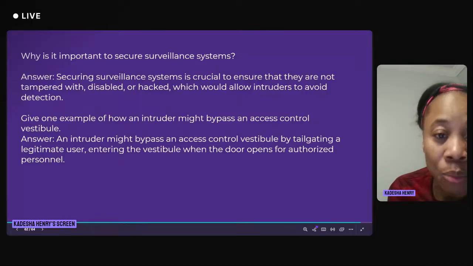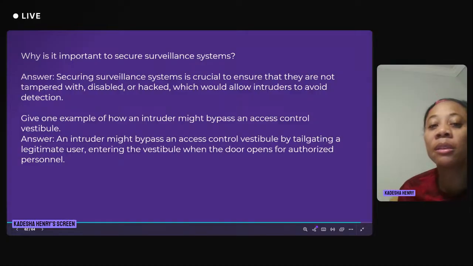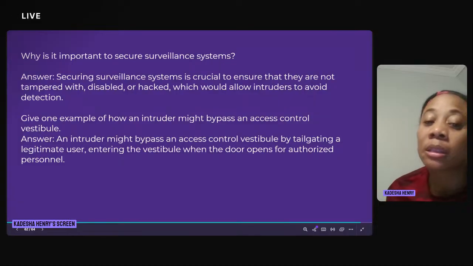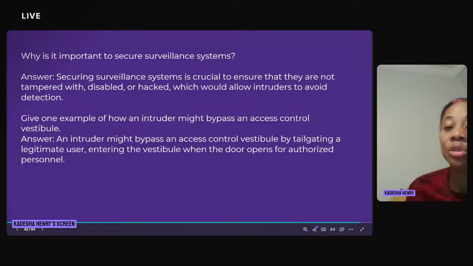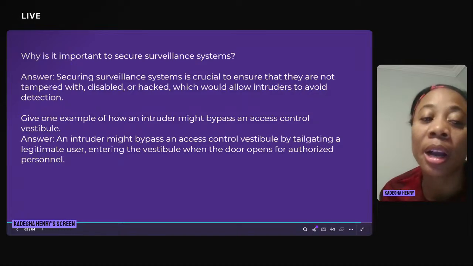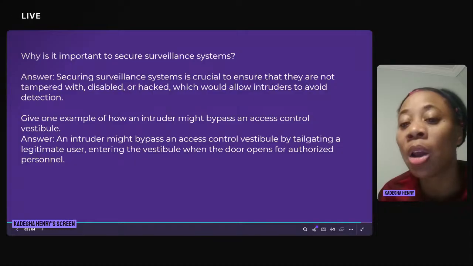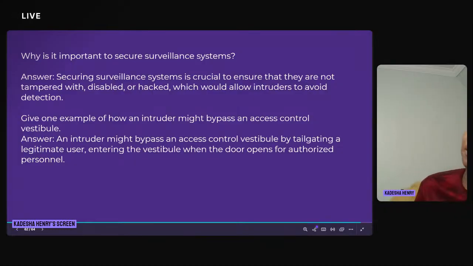Why is it important to secure surveillance camera? Securing surveillance camera is crucial to ensure that they are not tampered with, disabled, or hacked, which would allow intruders to avoid detection.